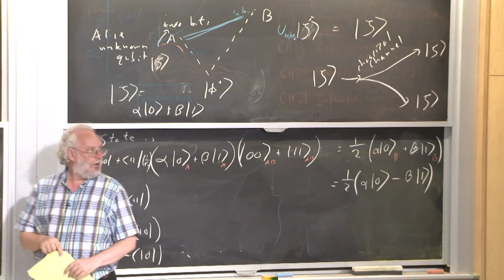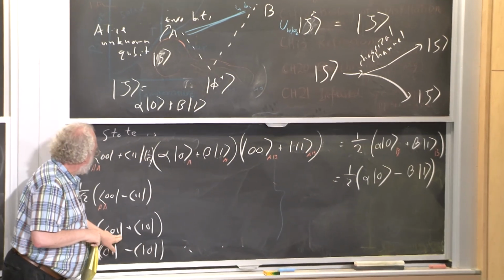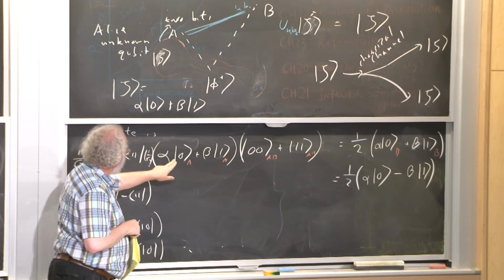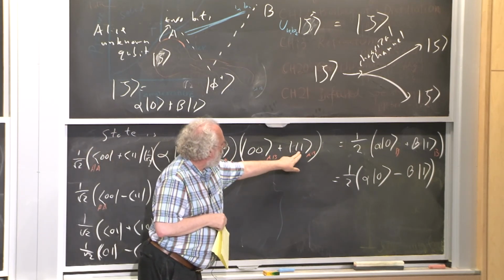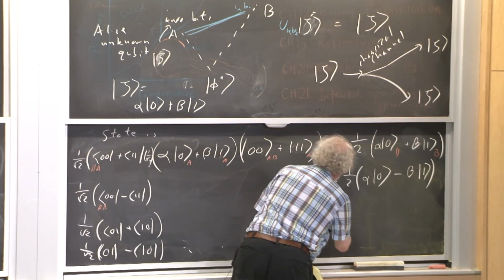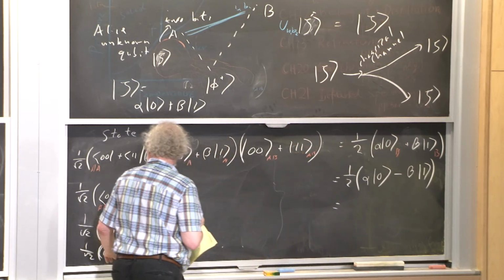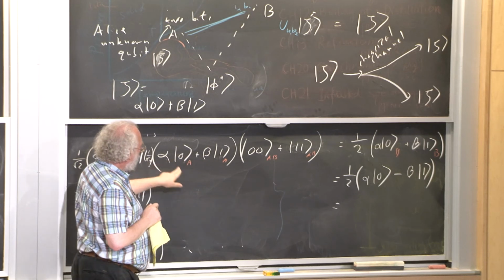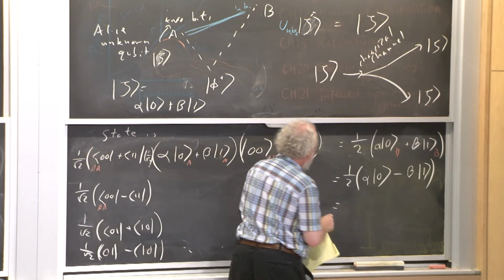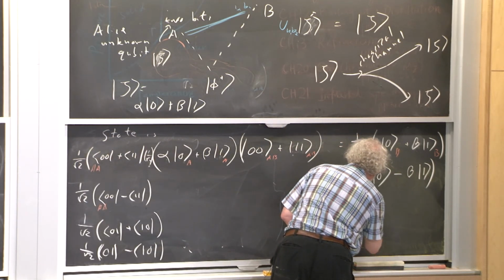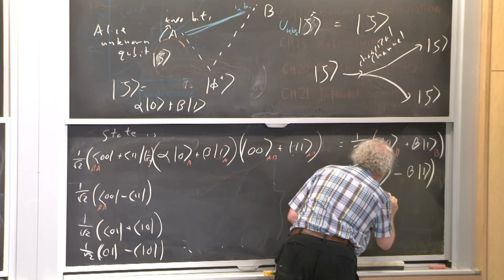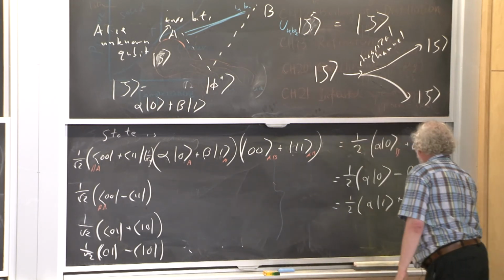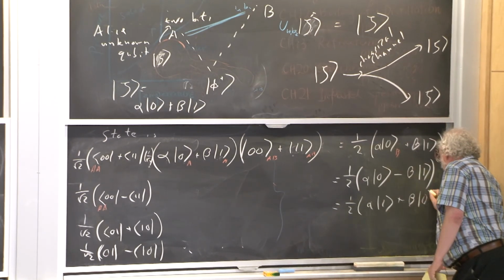Okay, same here. The 0, 1 picks out the 0, 1, 1. So that is equal to, well, the 0, 1 picked out the 0, that's an alpha, and the 1, 1. So that's 1/2 alpha 1 plus beta 0.